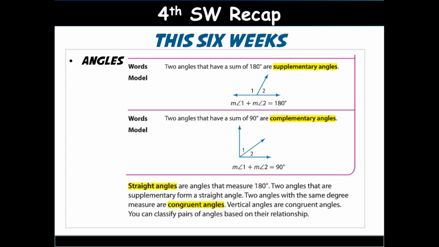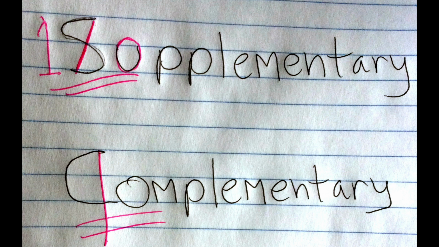Another way, and you might need to go back to your notes, you can turn that S into an 8 and the U into an O, like a 180. Complementary, draw a big line right across that C and it becomes a 9, like a 90. Because complementary, they form a 90-degree angle.